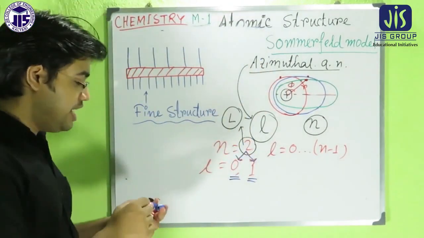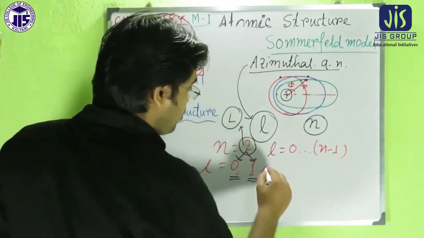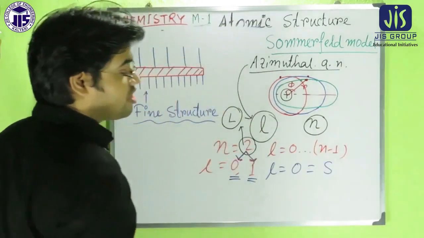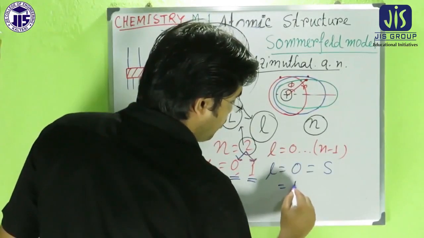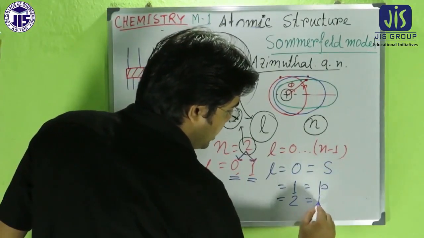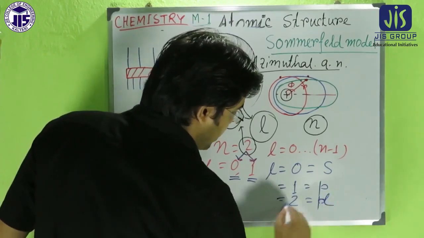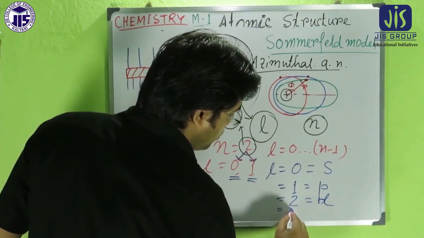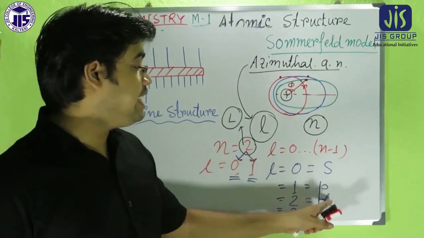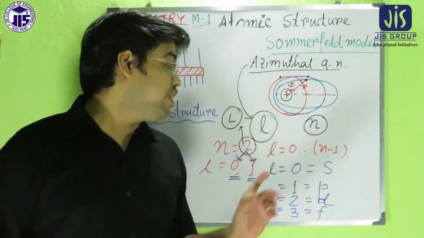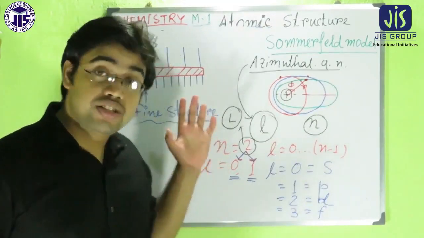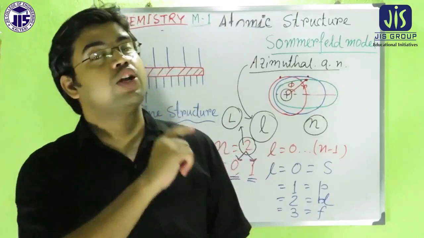According to Sommerfeld, if L equals 0, the name of the subshell will be S. If L equals 1, the subshell will be P. If L equals 2, the subshell will be D, and if L equals 3, it will be F. So S, P, D, F correspond to particular values of the azimuthal quantum number, and this is the significance of the azimuthal quantum number.